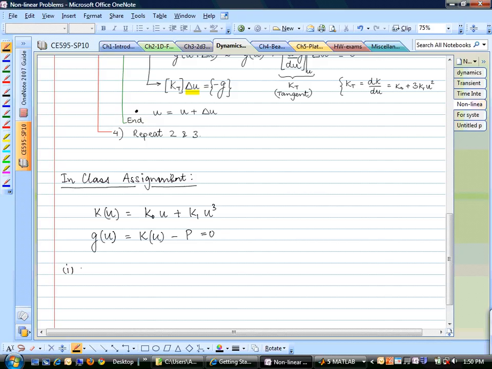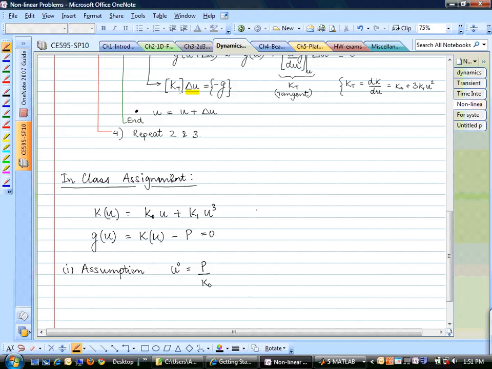My initial assumption is according to the linear problem. I'm going to assume that my initial solution, U0, is equal to P divided by K naught.